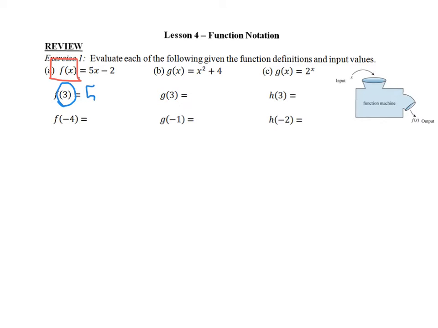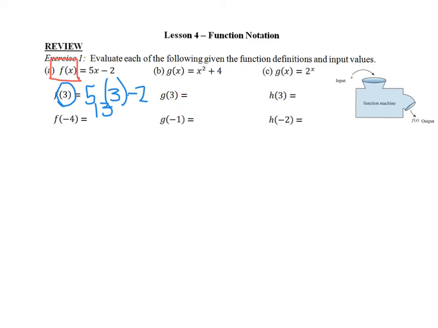So we are going to say 5 multiplied by 3 minus 2. Now, of course, we can do that calculation. 15 minus 2 is giving me an answer of 13. The output value when x equals 3 would be 13.